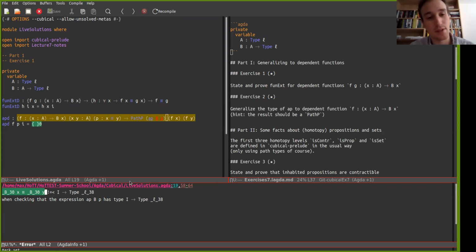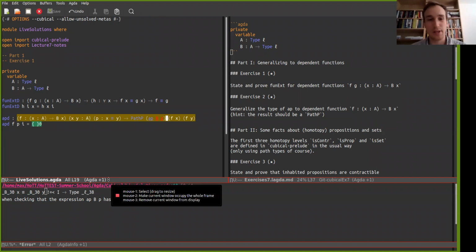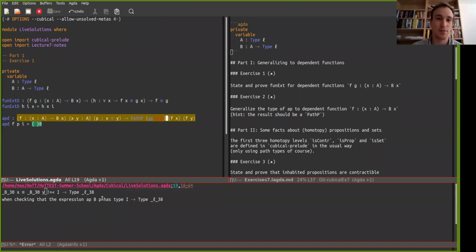But what we want here is a family over the interval. This has to do with the implementation of Cubical Agda. Path types are like functions out of the interval that match up on the endpoints.